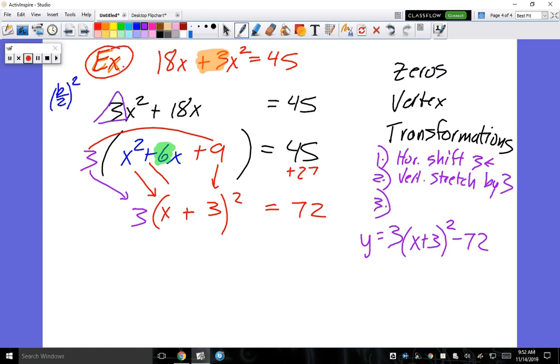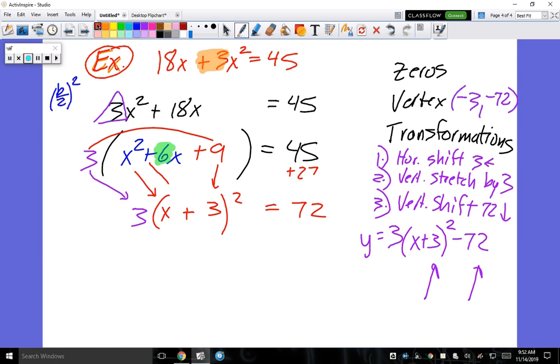We're going to be doing transformations with other functions throughout the year. We're not going away from that. Then a vertical shift 72 down. The vertex is negative 3, negative 72.